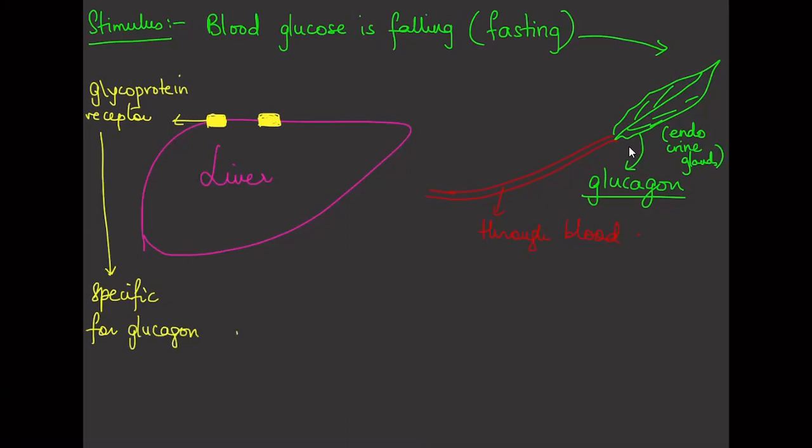Okay, so carried by means of the blood. So glucagon will be your what? Chemical signal. Electrical can also be possible, we are not doing electrical right now.